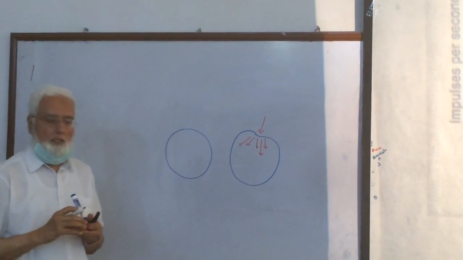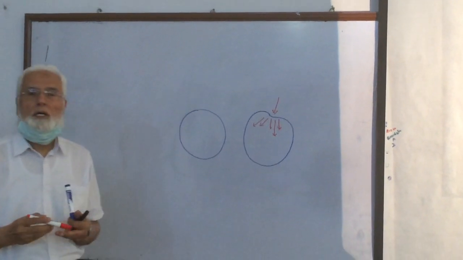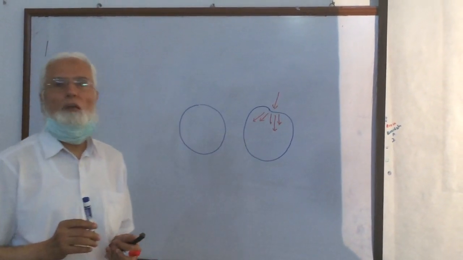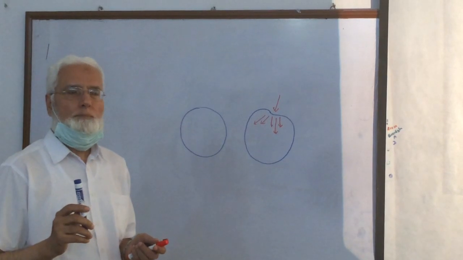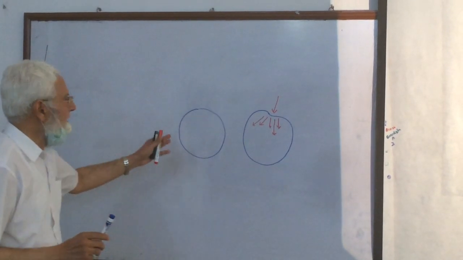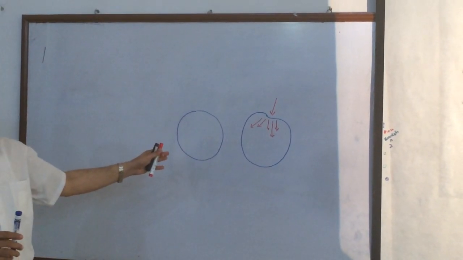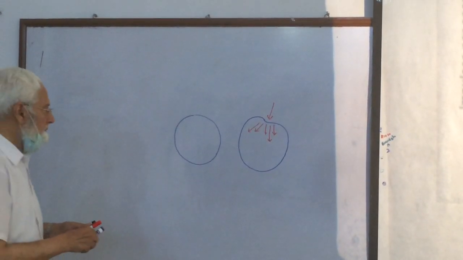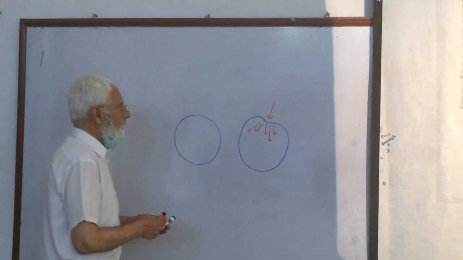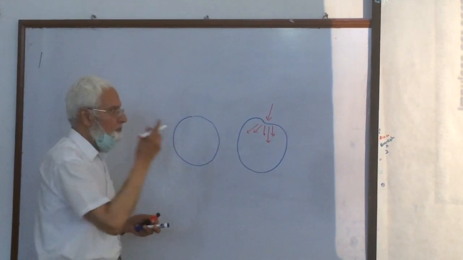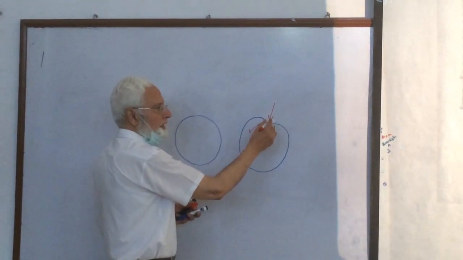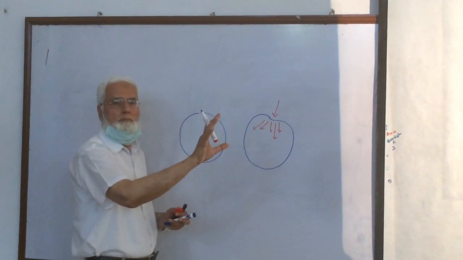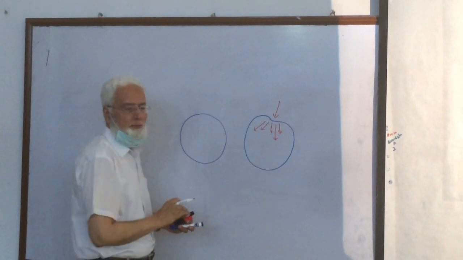I am discussing the mechanism of adaptation of the receptors. Let us say a Pacinian corpuscle. Now we apply a stimulus, say a pressure stimulus, to the Pacinian corpuscle.